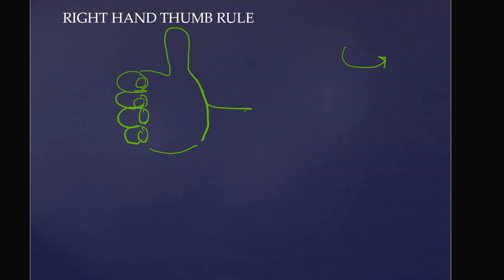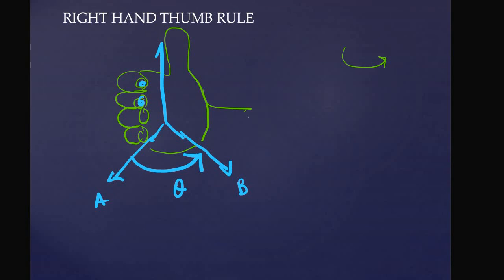Okay, so if I am taking two vectors like this in my right hand, A and B, then when I am closing these fingers, it would be in this way. I am curling the fingers in this direction, this is theta, right? And what will be the product of it? The thumb will show the product, which is C.